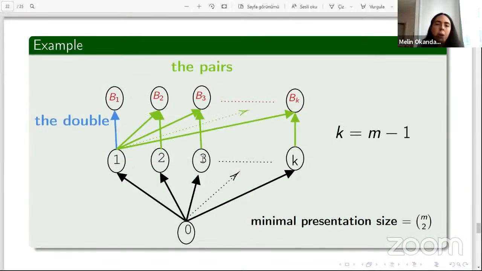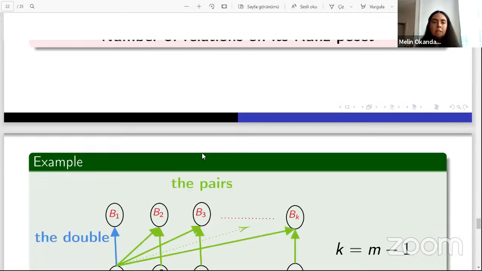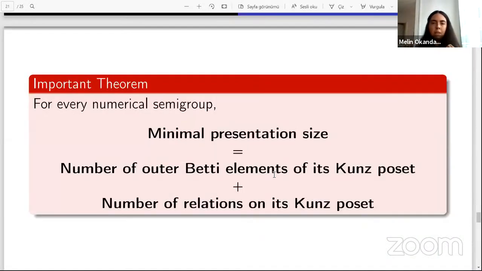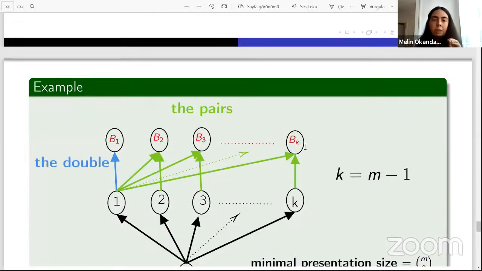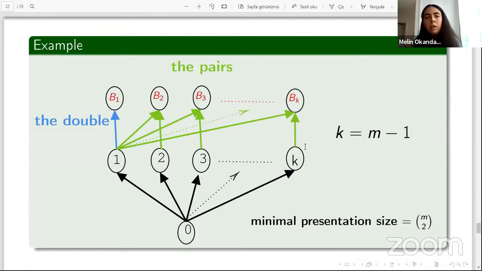Since the theorem says the minimal presentation size is the sum of the two things, the number of outer Betti elements of the Kunz poset will give the minimal presentation size, because there are no relations. We will only be focusing on the number of outer Betti elements for this example, and this will be generalized to all numerical semigroups with m-1 generators.